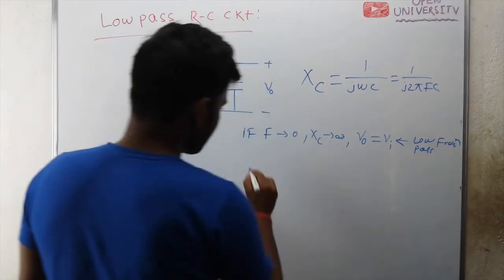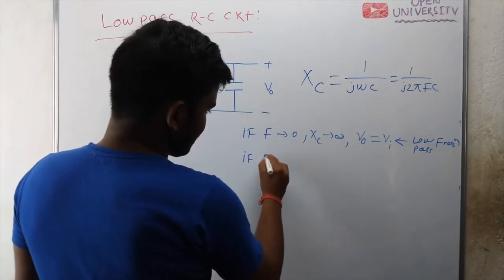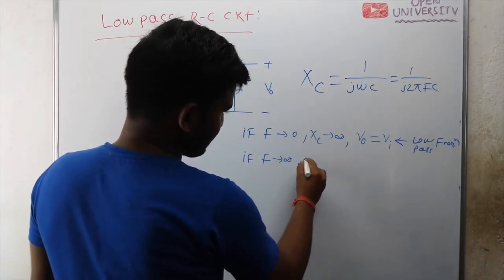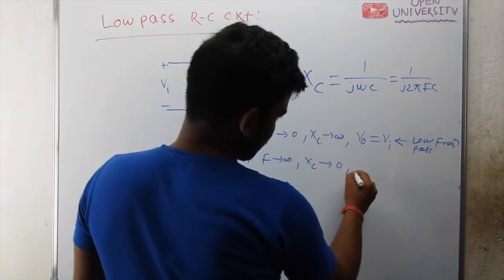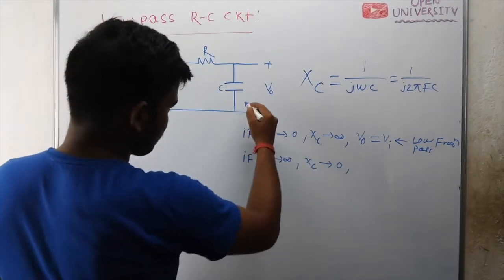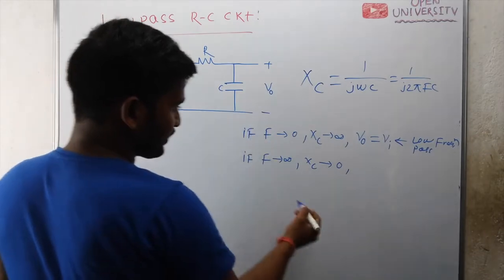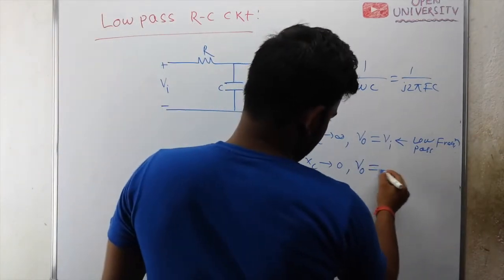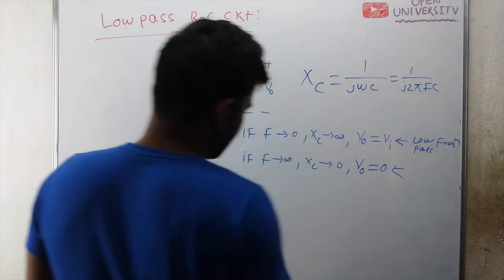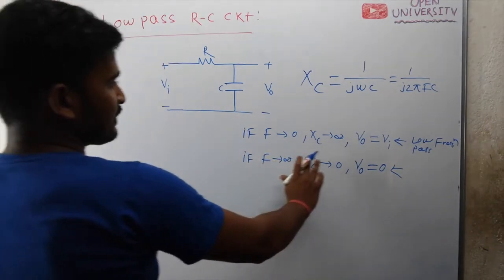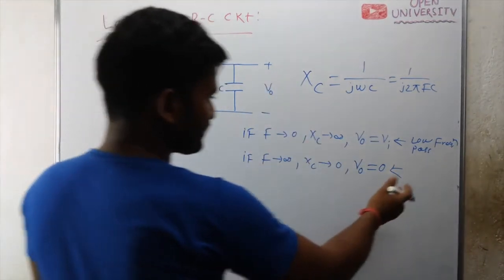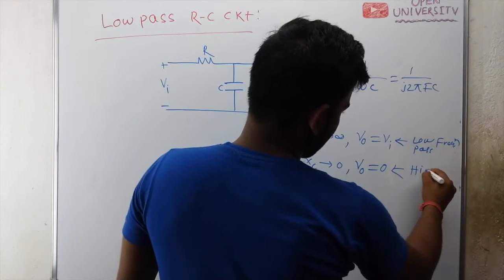Okay. If input signal frequency tends to infinite, then XC tends to 0. If XC becomes 0, then it will be replaced with short circuit and your output becomes 0. That means high frequencies are not passed to the output. So high frequencies are rejected.